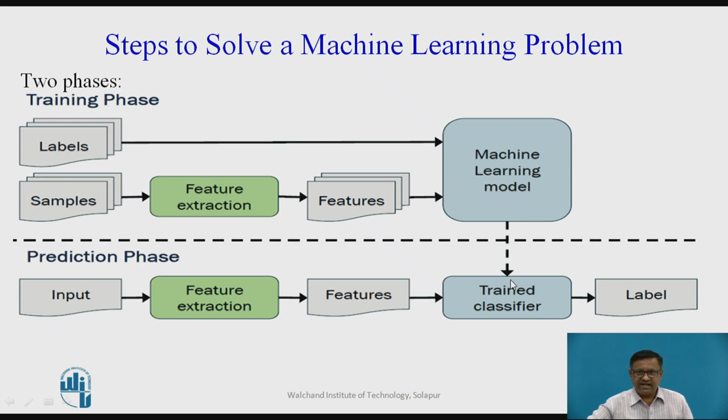After it is trained, a new input is given, whose features are extracted, and these features are given to this trained classifier, which can now predict the output, that is called the label.